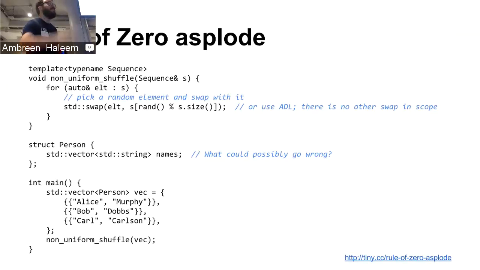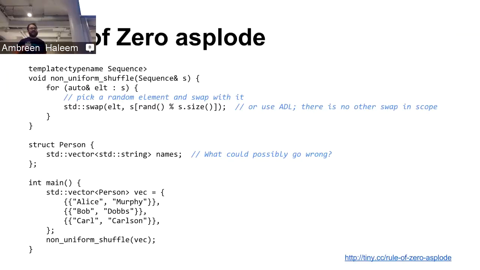Oh, yes. Swapping with yourself. True, but that should be a no-op, right? I mean, just swapping a thing with itself. Yes, this is where we're going with this, though. Because we're swapping a random element with another random element, they might be the same element.